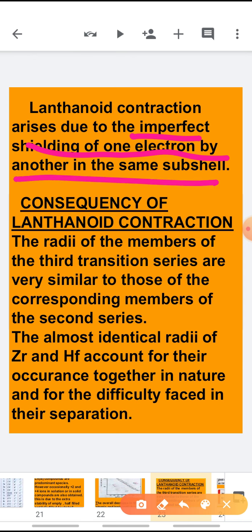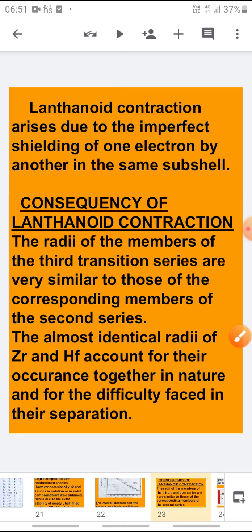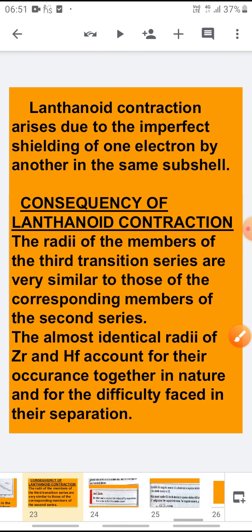Consequence of lanthanoid contraction: the size of the third transition series of elements is very similar to the corresponding members of the second series. One more consequence: very much difficulty is faced in the separation of zirconium and hafnium. So this was the last topic of the chapter and the chapter is complete.